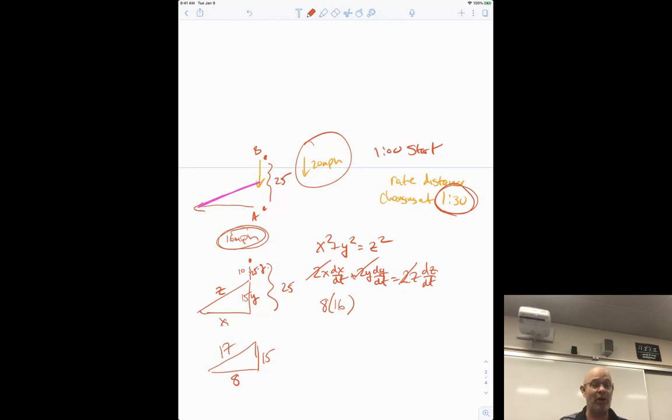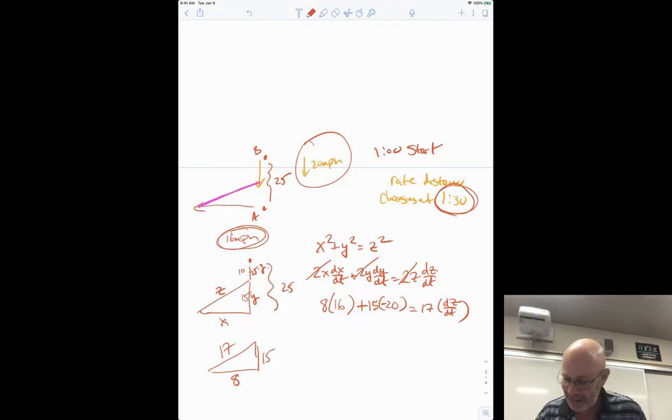Now it's bigger, smaller. So when I get to my y, which is 15, my dy/dt, that rate is 20, but that's actually a negative rate, not because it's going down, but because y is getting smaller. My z is 17. My dz/dt is what we're looking for.